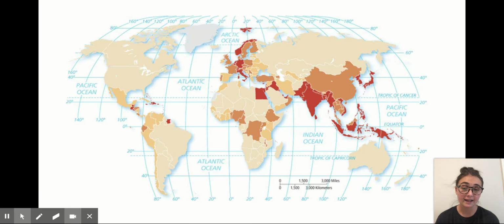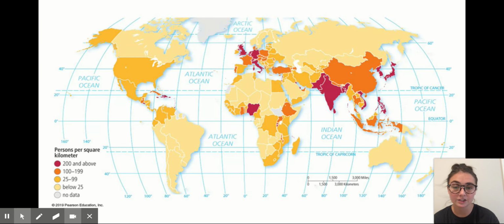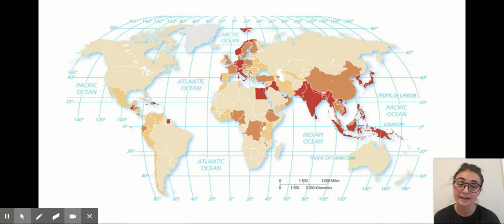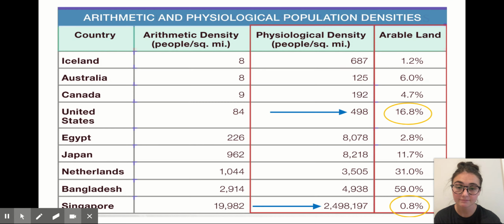So if you put that in the calculations, this would be the physiological population density map. You can see how that changed. So this is regular population density. This is physiological population density. Now I knew it was Singapore. Look at me.